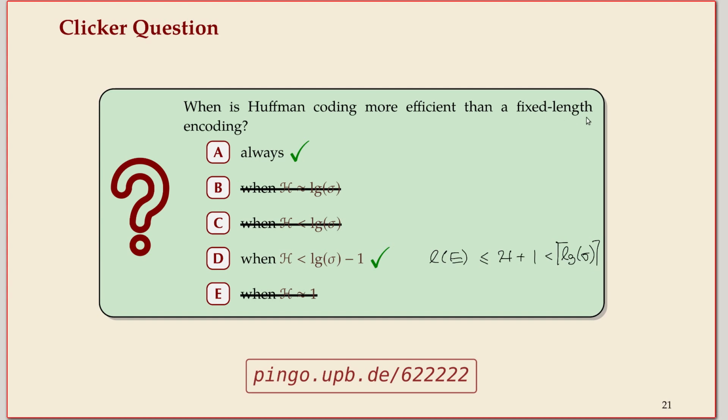If sigma happens to be a power of 2, you could actually realize the log sigma. And in that case, and only in that case, you can achieve this. Now, if this condition is true, that says the length of your Huffman code is strictly better than whatever you could achieve with the fixed length code. If you only have this, for C, you would only get that this is less than log sigma plus 1 from the same argument. And so you can't really say much. It might be that the Huffman code is actually the same as the fixed length encoding.